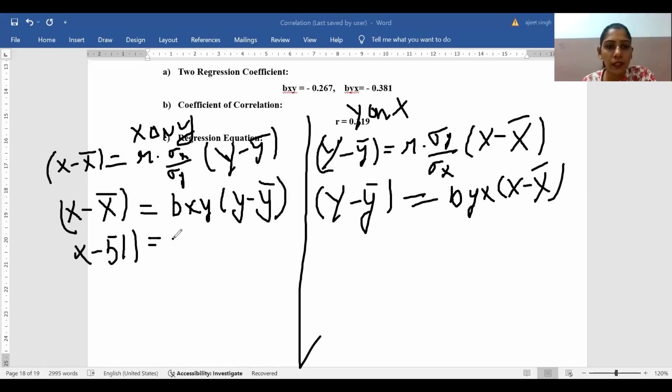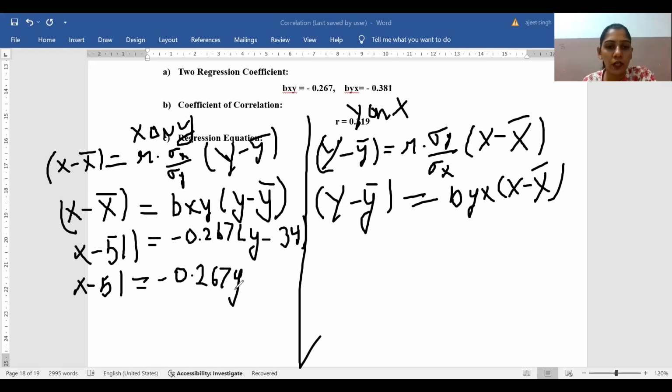So minus 0.267, bracket y minus y bar, which is 34. Now x minus 51 is equal to minus 0.267 y, minus into minus, it's plus.